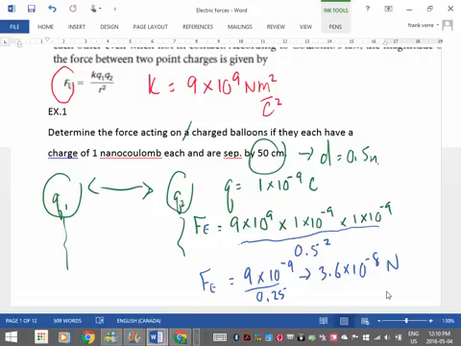So that's the attractive, or actually in this case, I'm going to assume it's the repulsive force. Okay. Easy so far? It's pretty much the same equation as for gravity, but obviously it means something different.